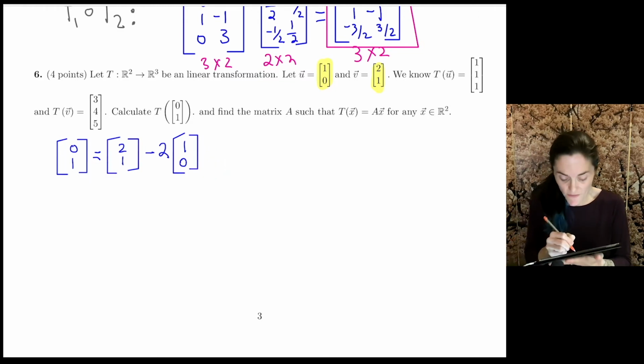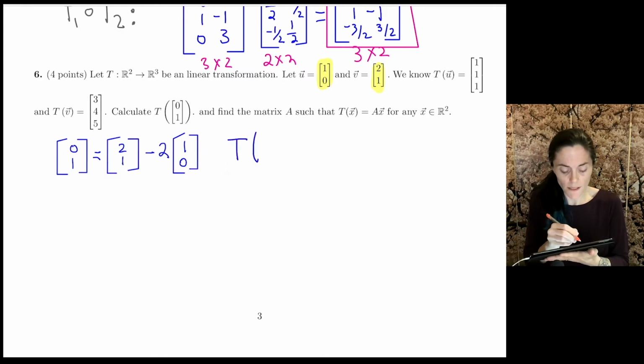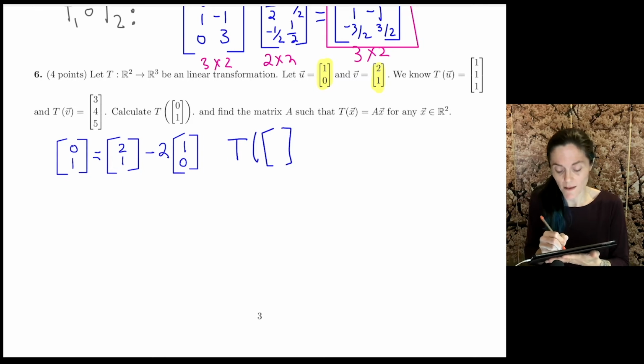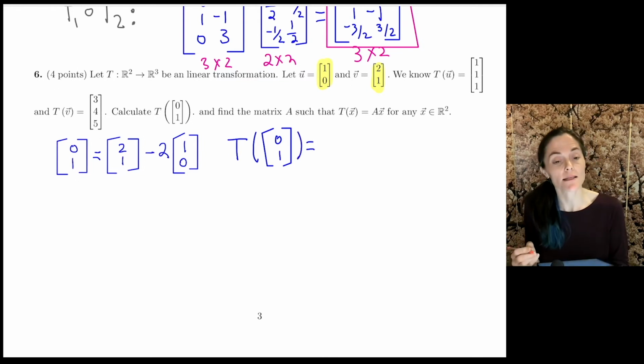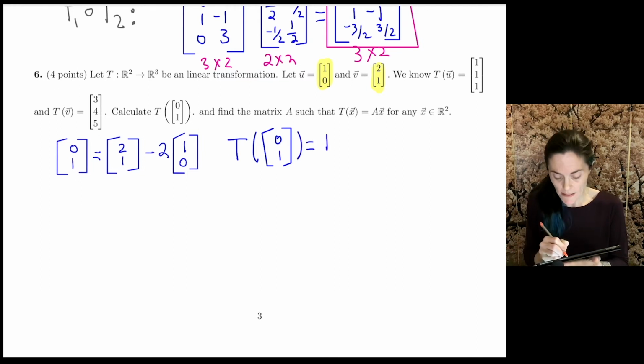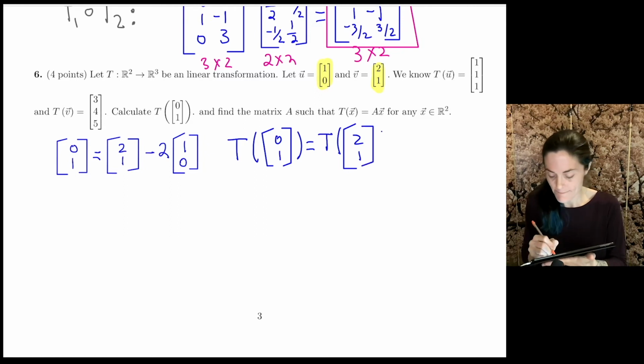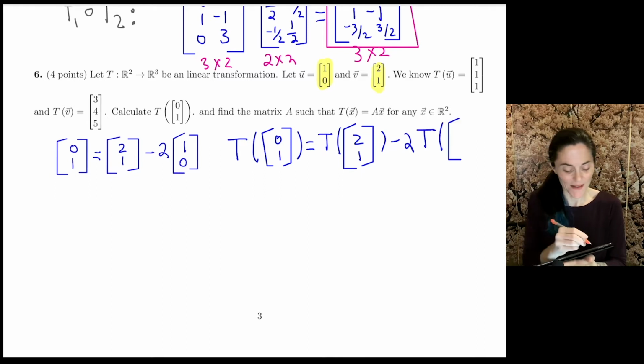Now this means if I want T of this vector 0, 1, which is my E2, well, this is a linear transformation. And so I can just break this across the sum. This will be T of this one, 2, 1. And then we have minus 2 T of, well, this is E1, but I will write it as 1, 0.